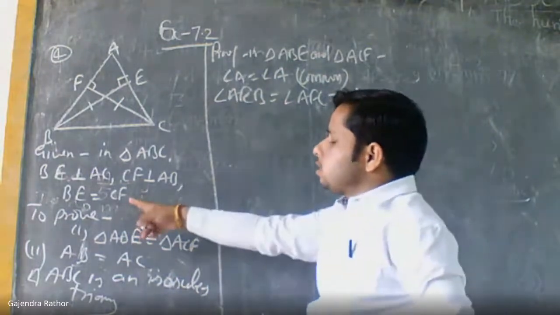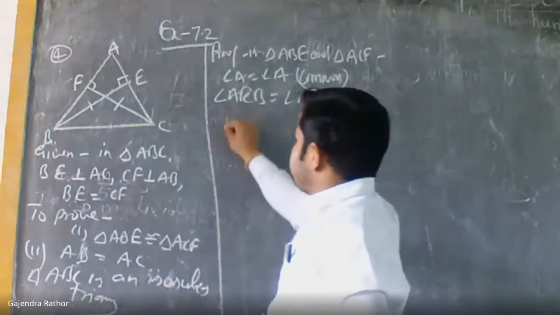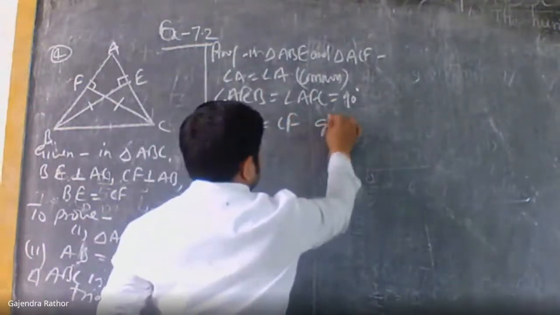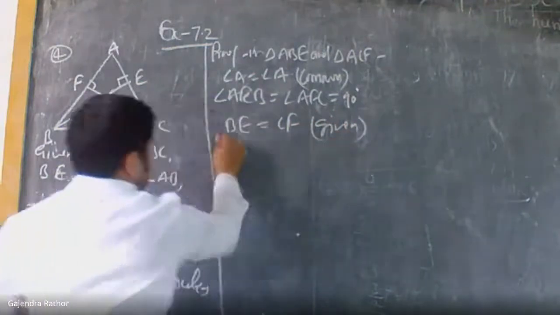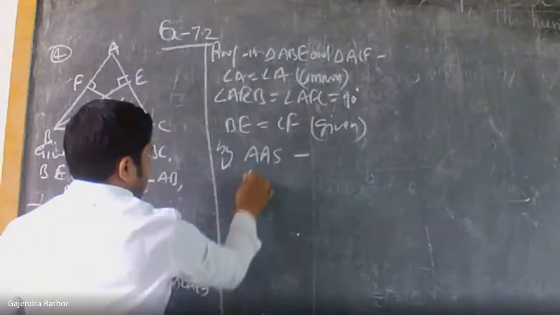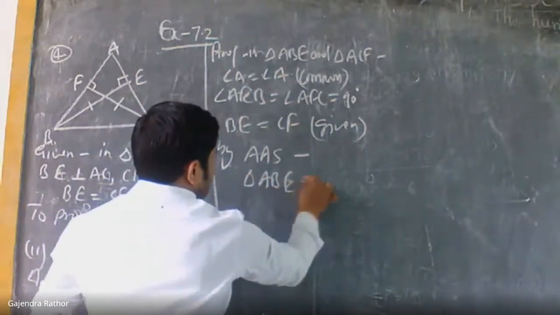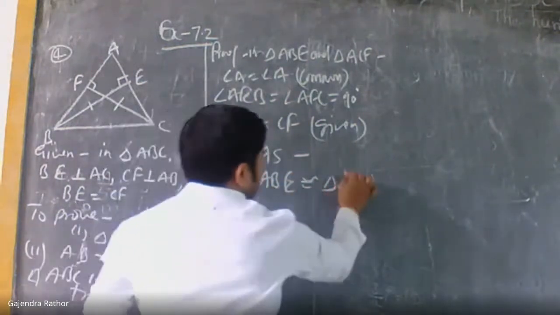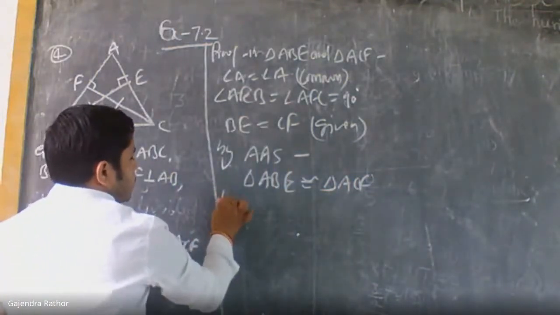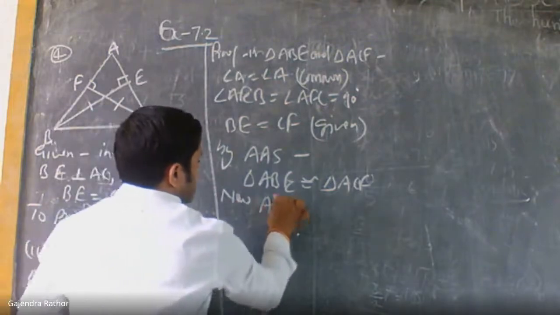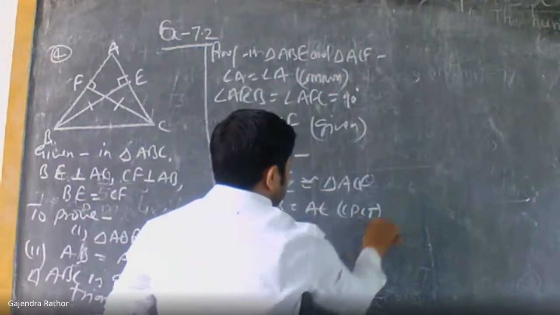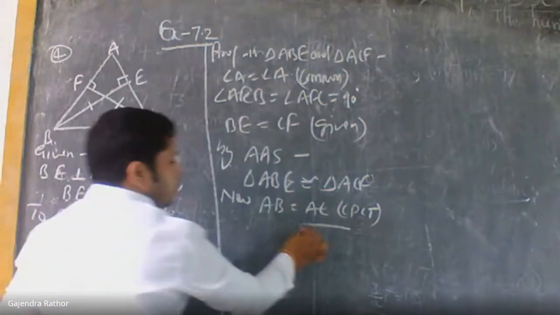Next, the third part is BE is equal to CF, that is given. So by using AAS, triangle ABE is congruent to triangle ACF. This is the first one to prove. Now AB is equal to AC by using CPCT. This is the second point we prove.